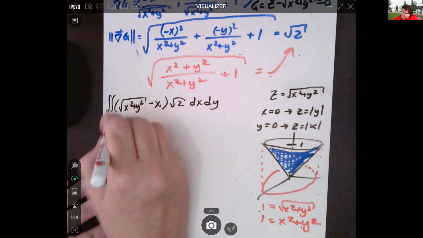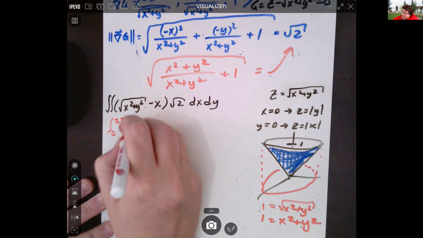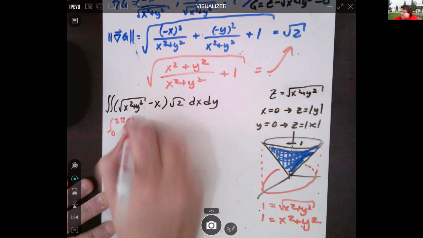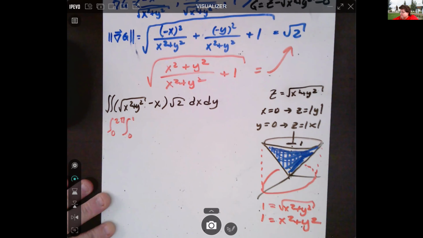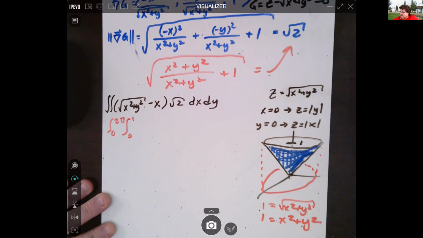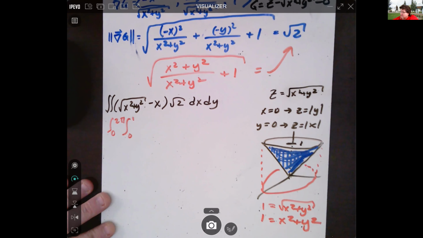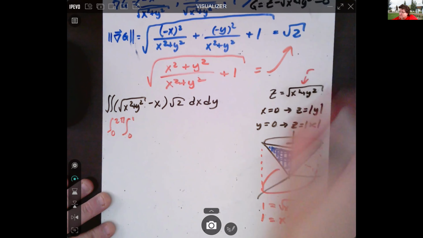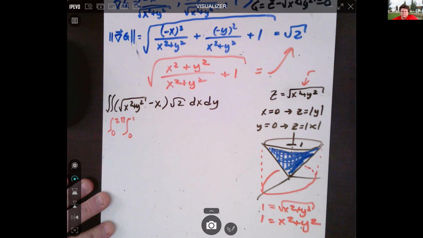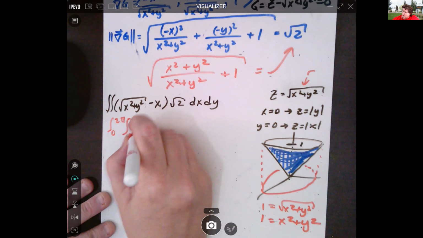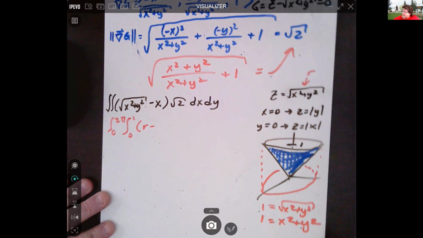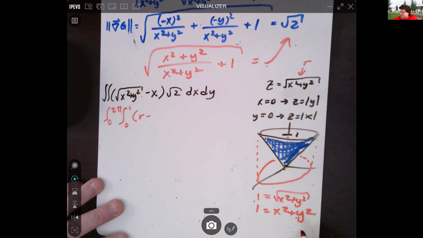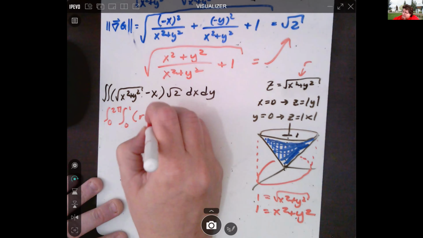Theta is going from 0 to 2 pi, and r is going from 0 to 1. And that is r. So we have r minus, if we're going to go to r and theta, the equivalent of x is r cosine theta.